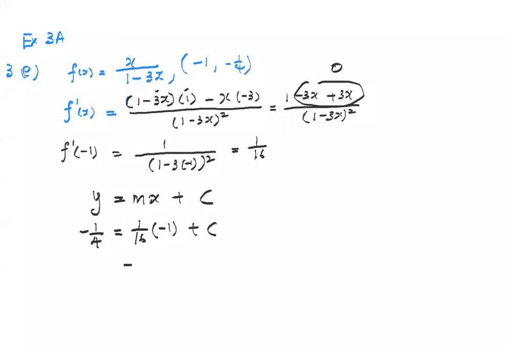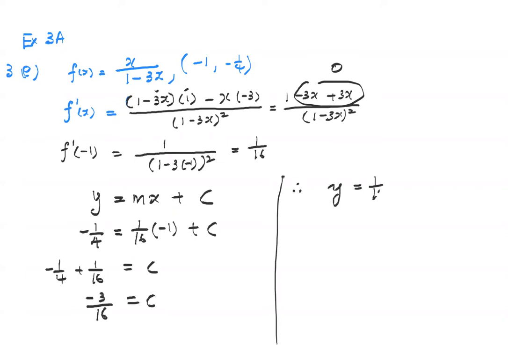So you got your c as -1 quarter plus 1 over 16. So c is -3 over 16. Therefore, the equation of tangent is y equal to 1 over 16 x minus 3 over 16. That's it. I'm done with that question.